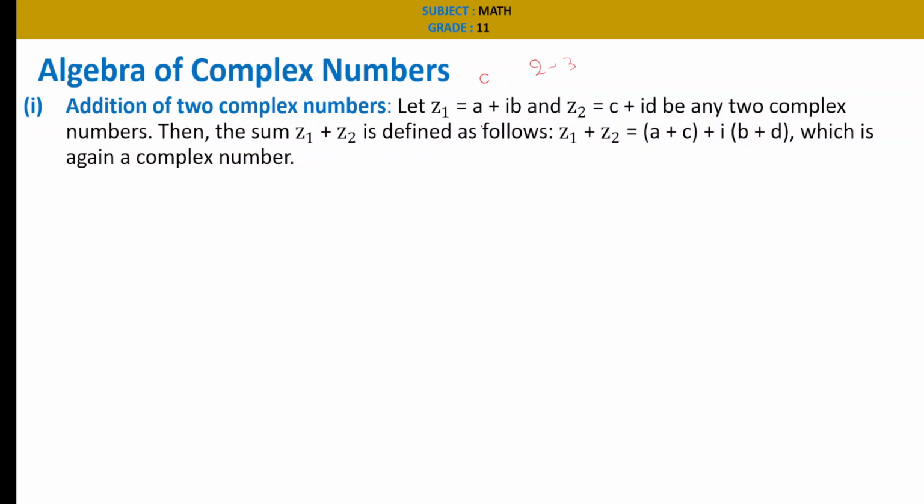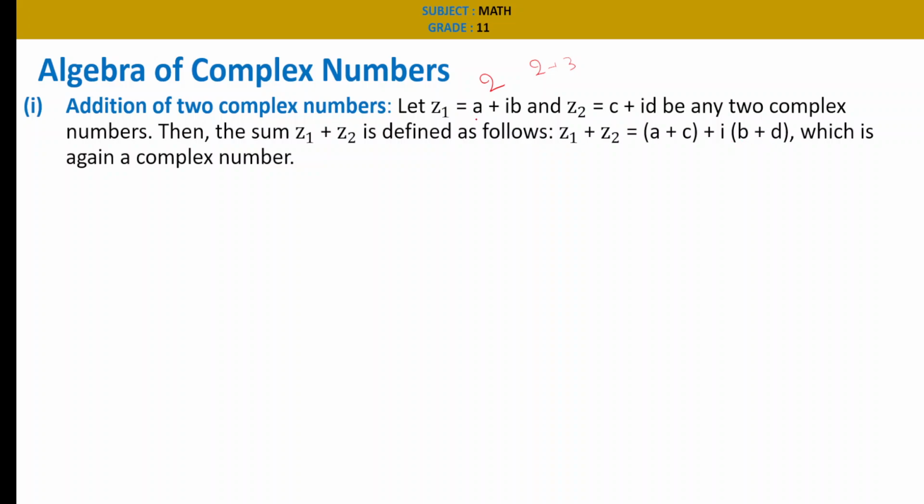Similarly, complex numbers a plus ib and c plus id we can add such that we'll add the real values first, then we add the imaginary values. So the sum of Z1 and Z2 is defined as Z1 plus Z2 equals a plus c plus i of b plus d.